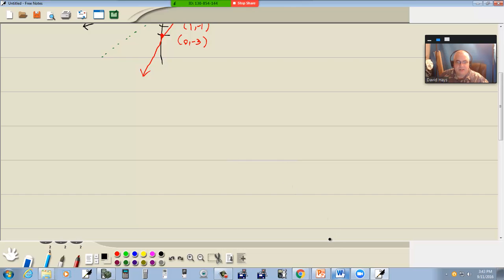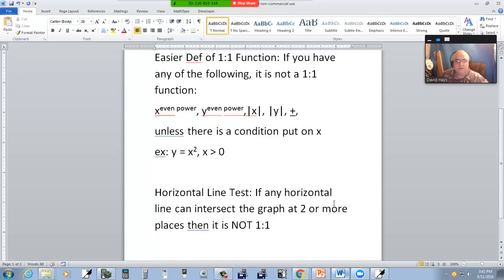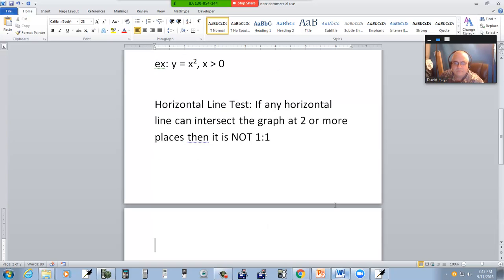Now we also have an algebraic definition of what it means. So our inverse definition, this is our algebraic.